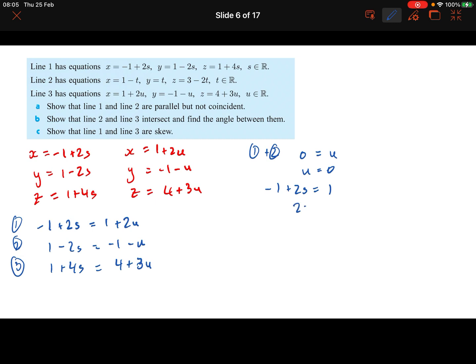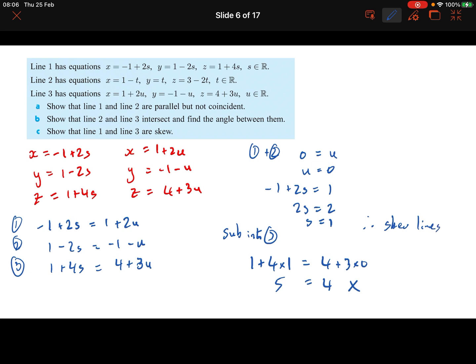And so 2s equals 2, s equals 1. So now I need to substitute into 3 and see if those solutions satisfy the third equation. So I get 1 plus 4 times 1 equals 4 plus 3 times 0. Well, that's going to be 5, and that is going to be 4. It doesn't. Therefore, they are skew lines.